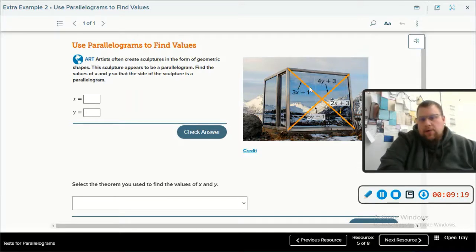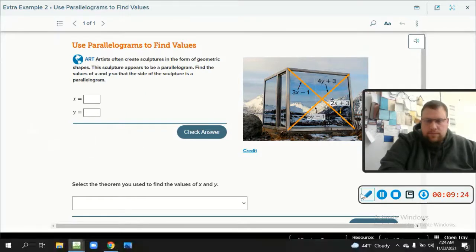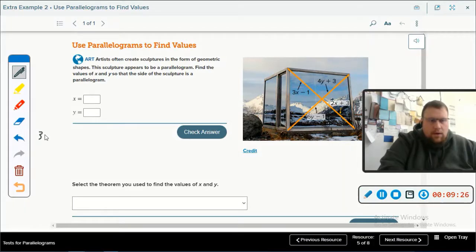So 3x minus 1 equals 2x plus 3. And I'm going to subtract 2x from both sides.